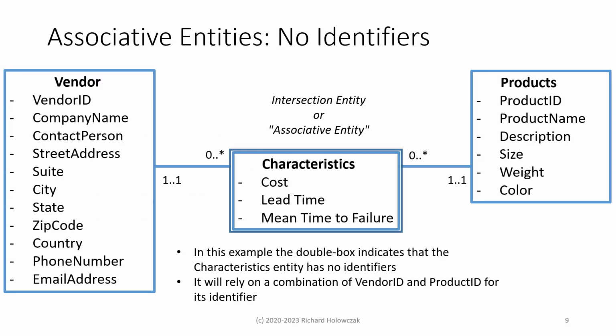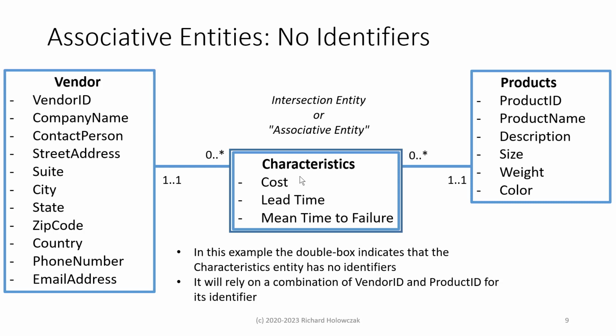First off, sometimes we have entities that have no identifiers. We saw this with the vendor products example. We also just saw this at the beginning of this video when we talked about the employee skills model that we added to. Here, characteristics doesn't really need its own identifier.